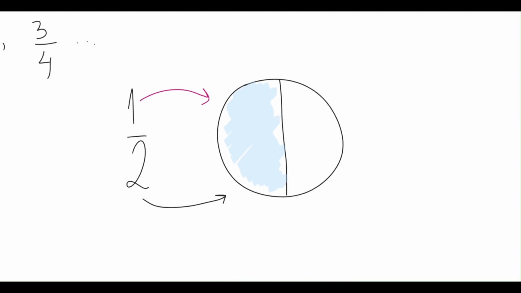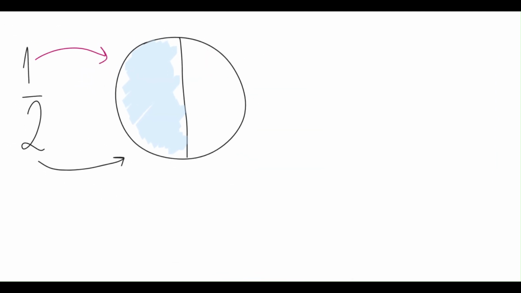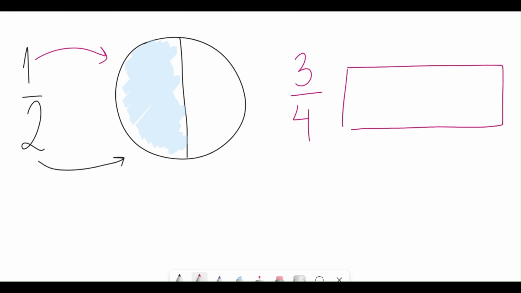Okay, let's try another example. If we have, let's say, 3 over 4, then it means we have one whole. This time I will use a rectangle to represent it. We cut it into how many equal parts? Into 4 equal parts. Out of these 4 equal parts, we have to color 3 of them.